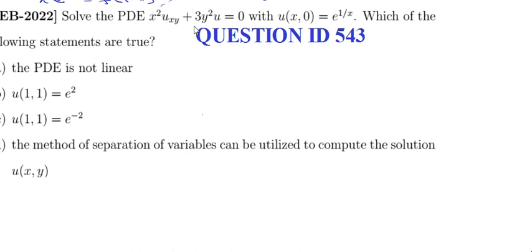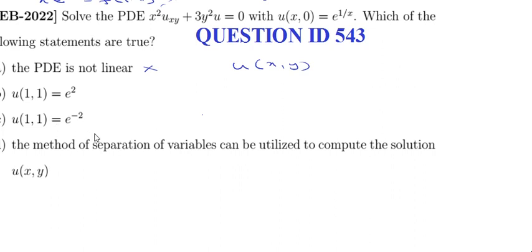So the given partial differential equation is a linear partial differential equation. Here u is the dependent variable and x and y are independent variables. So here the PDE is linear, therefore the first option is wrong.